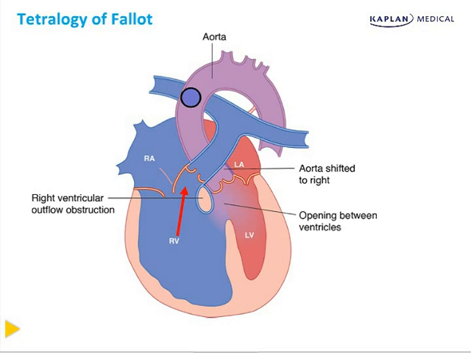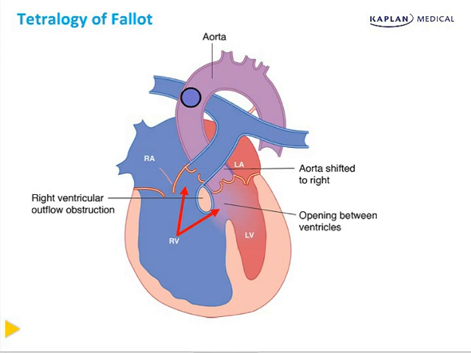The question is, what promotes blood flow either through the stenotic pulmonary valve, which is what we want because we want deoxygenated blood to go to the lungs, or what promotes it to go through the VSD? And the answer is pressure. Systemic and pulmonary pressures matter a great deal here. The right outflow obstruction already makes it difficult for blood to flow through the valve and to the lungs.